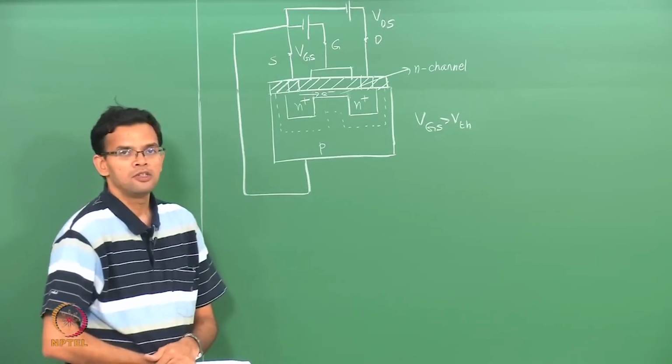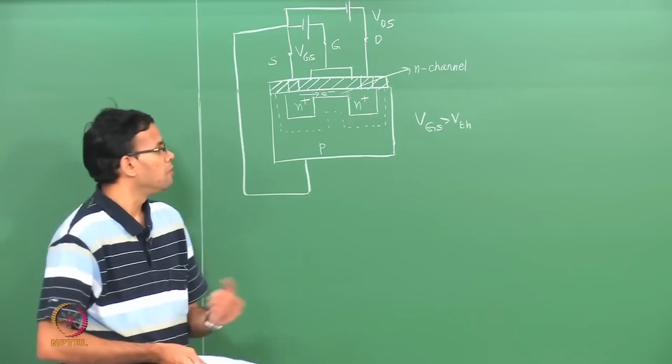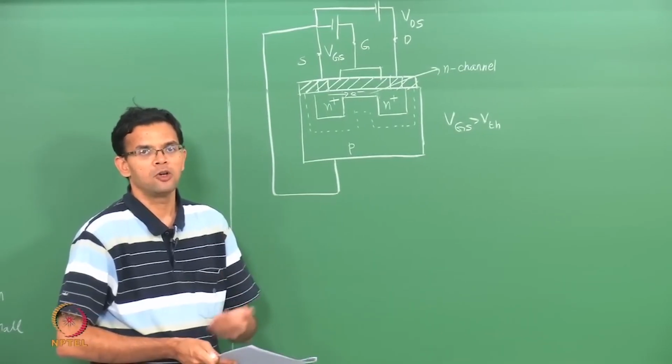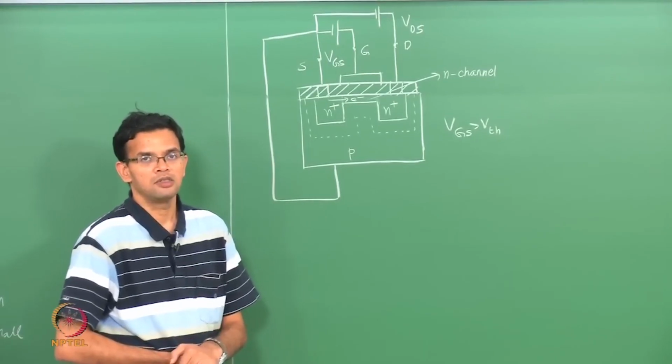In the case of a MOSFET, you will not have current conduction when the voltage is below V threshold, but above V threshold we now have an N channel and we have conduction.